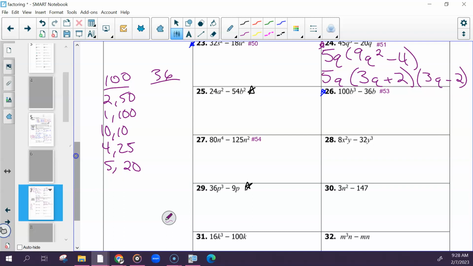Factors of 36. 1 and 36. 4 and 9. Couple more.